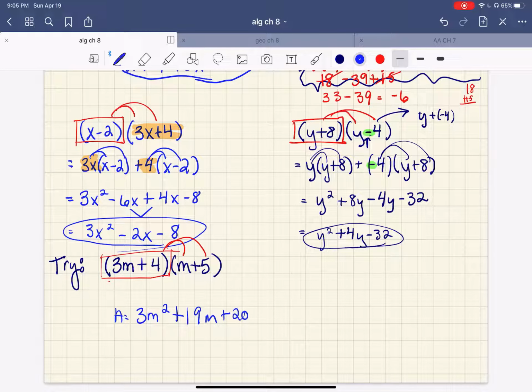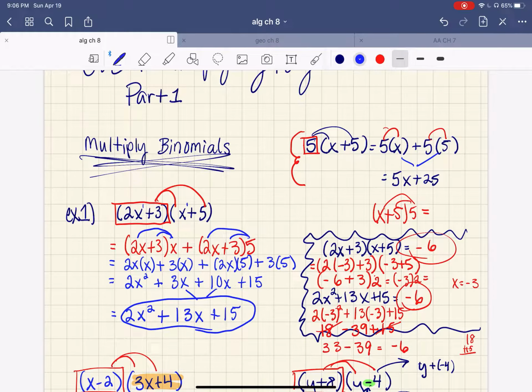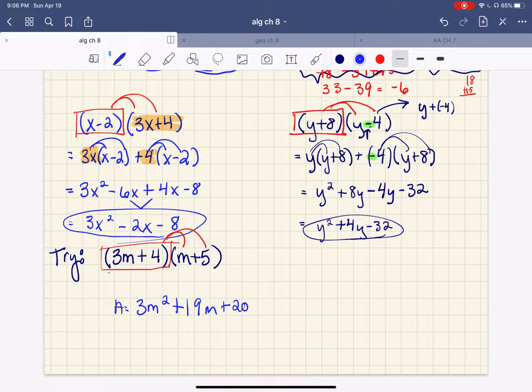This is going to come in handy because we're going to multiply polynomials the exact same way. However, I think I mentioned binomials are a little bit special. So what we've done here is going to be very important for part 2.